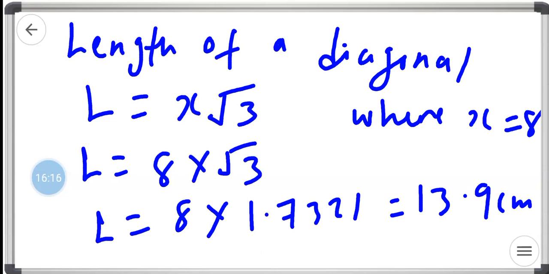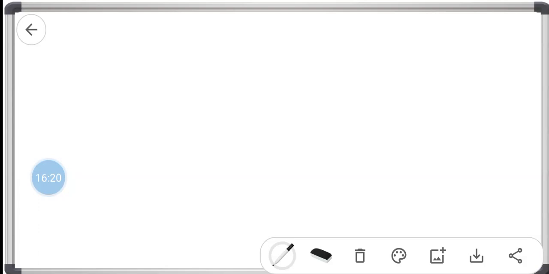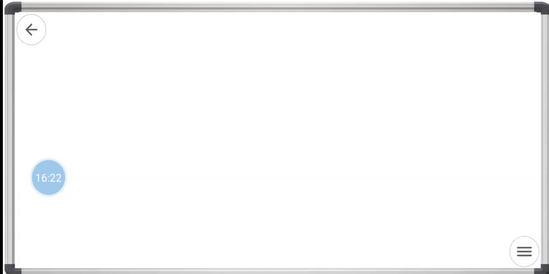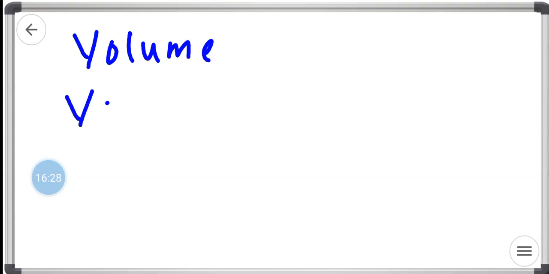And for the volume, which is the last one, V equals x cubed.